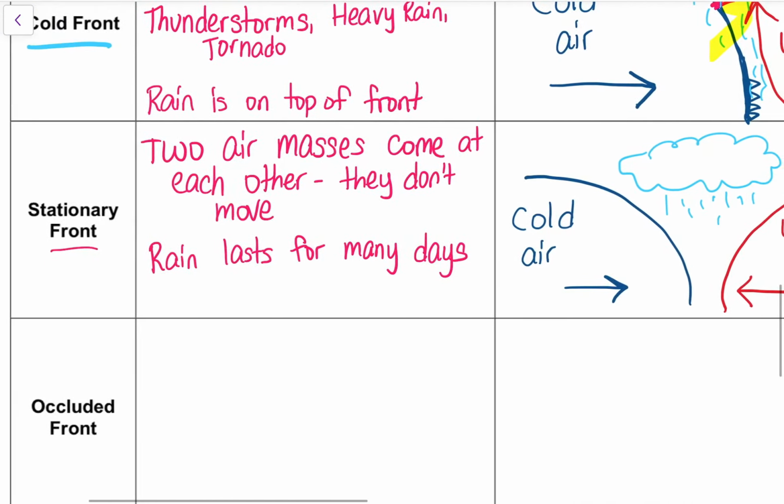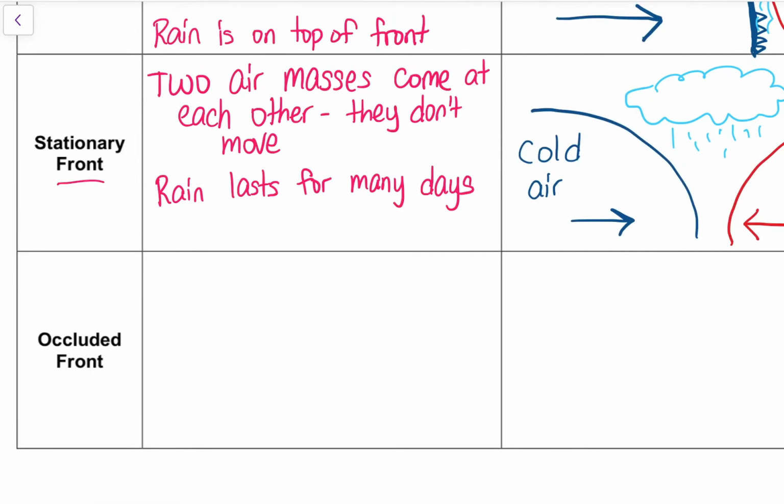The very last front that we have to look at is an occluded front. So an occluded front occurs when a cold front takes over a warm front.